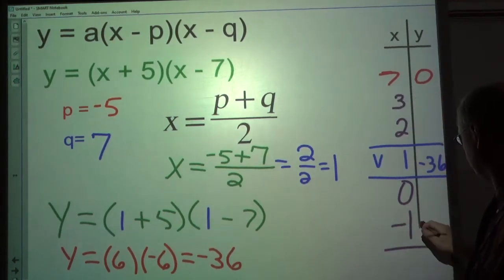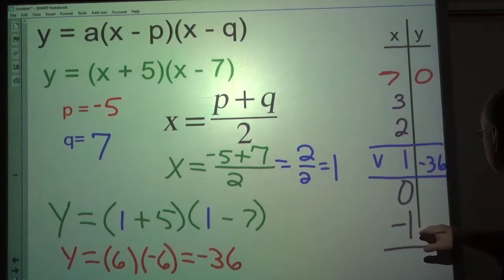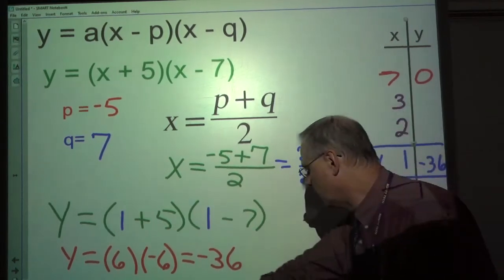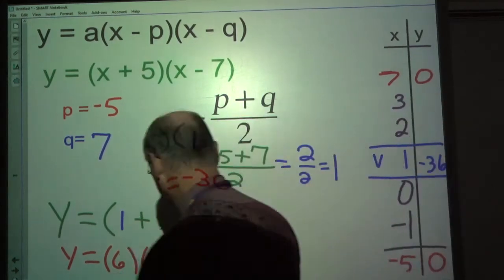And we can also expect, we also know that when x is negative 5, y is 0. Now think about that.